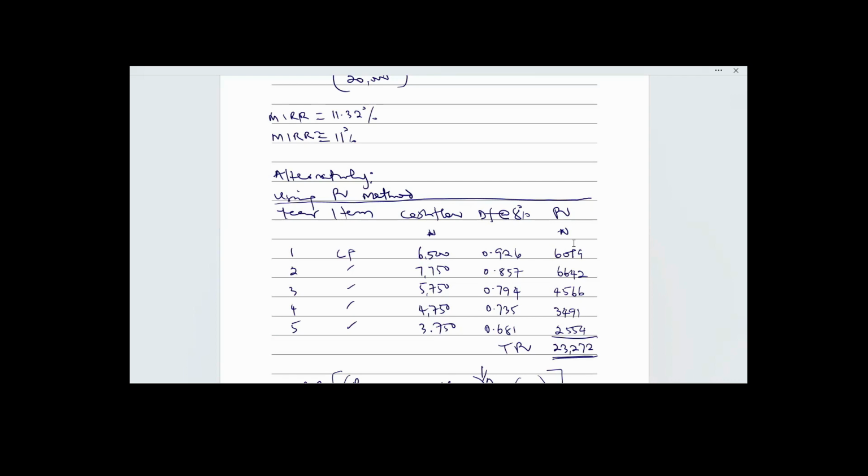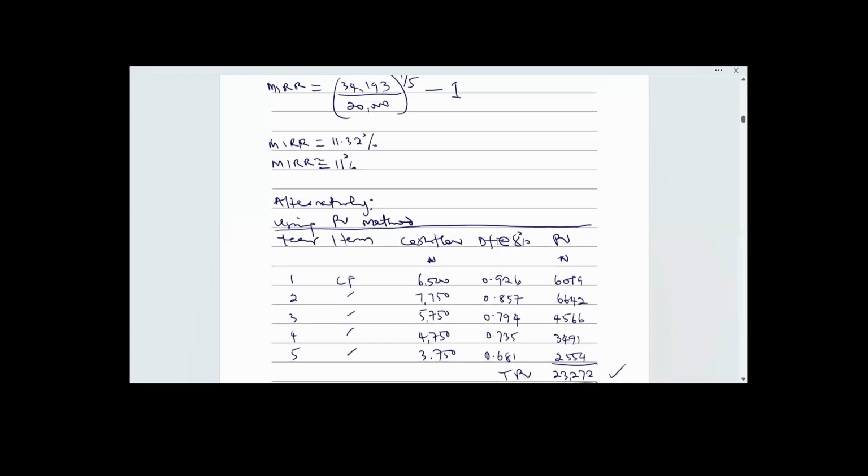So using the present value method, I said there are 3 procedures. The first procedure is to calculate the present value of cash inflows, that is positive cash flows. In this case, we got 23,272 naira. Then step 2, you calculate the present value of cash outflows.